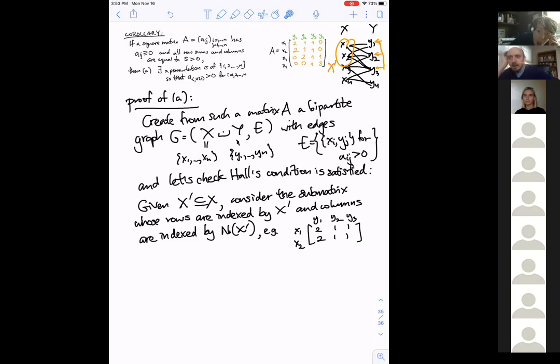All right. And so what I want to do is consider the sum of all of the entries in this submatrix. I want to look at just all of them added up together, and compute it in two ways.